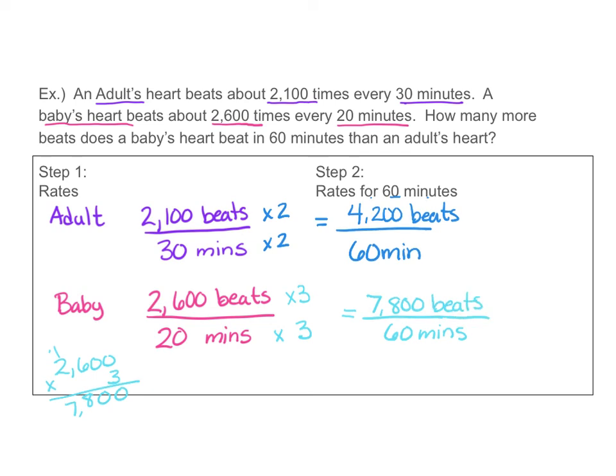But my final question says, how many more beats does the baby's heart beat? So that means we need to subtract the 4,200 from the 7,800. So I have 7,800 minus 4,200. So I have 3,600, right?